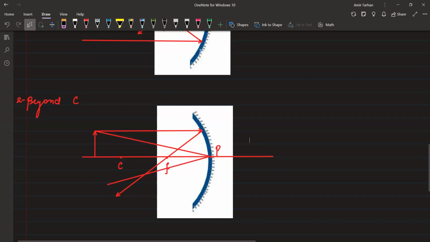Angle of reflection, using the law of reflection, yes or no? This intersection is basically your image formation. Clear, everybody? Yes, sir.